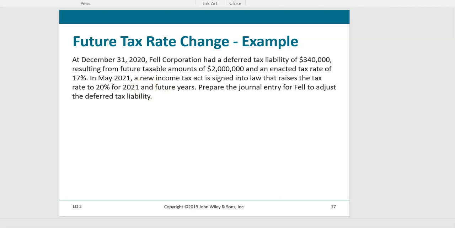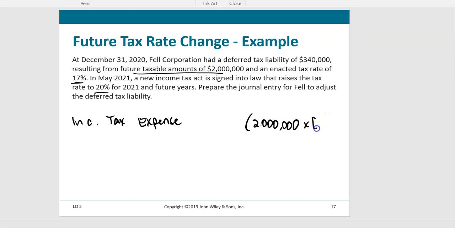Prepare the journal entry. So this is assuming that this was a brand new act, we weren't able to estimate it in advance like we did in our last example. Now we have brand new information. What do we do with this? If we know that we're going to owe more because of the increase in the tax rate, we're going to increase income tax expense by the future taxable amount of $2 million multiplied by the increase in the tax rate.